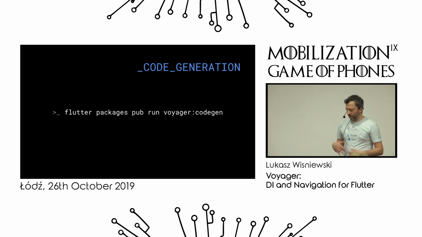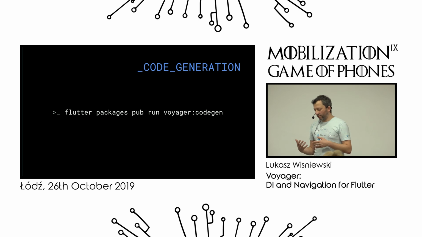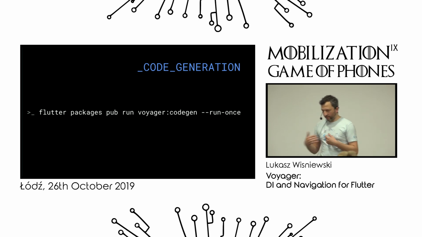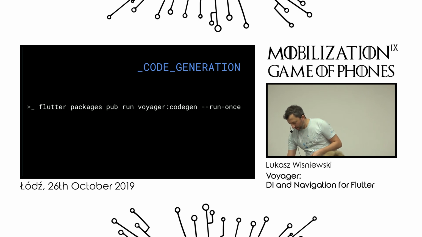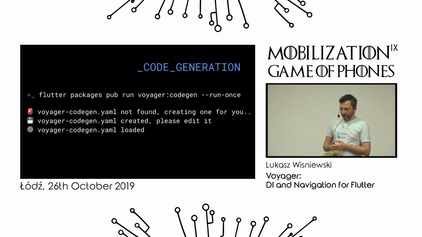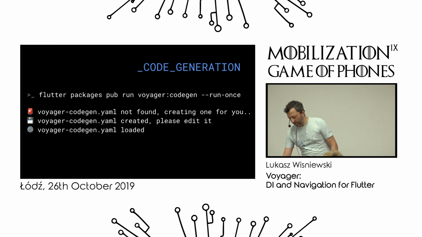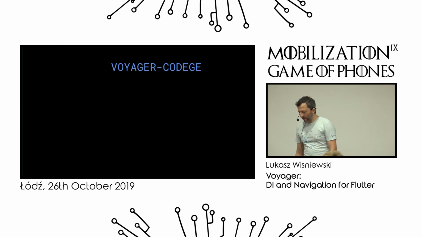You start the project by running this command, and it will start watching for file changes in the navigation map. Or you can also, if you're in a CI environment, just run it once. The first time you run it, it will generate a file to configure this Cogeneration.